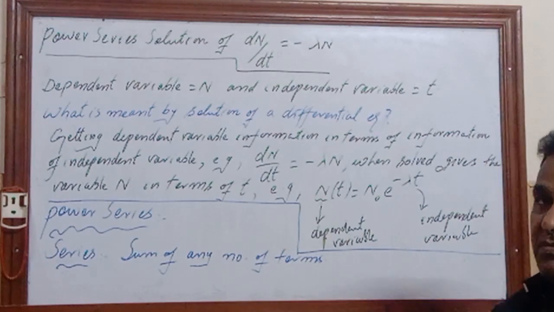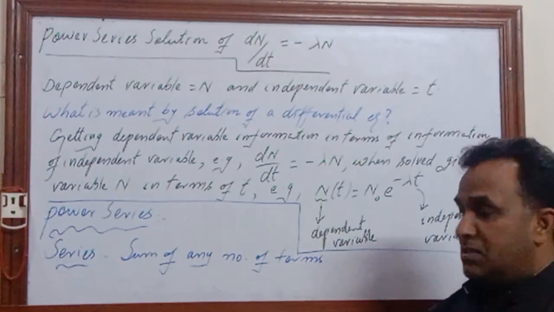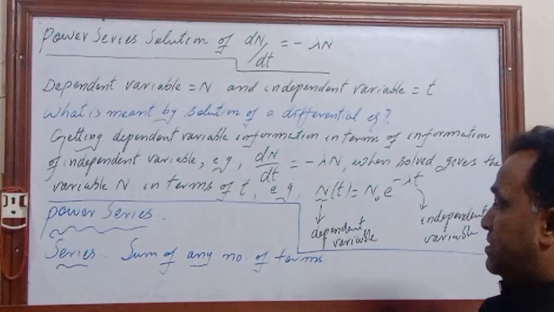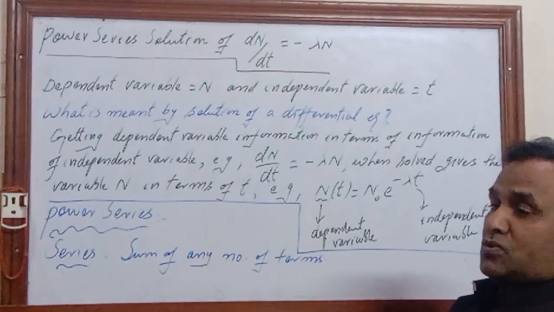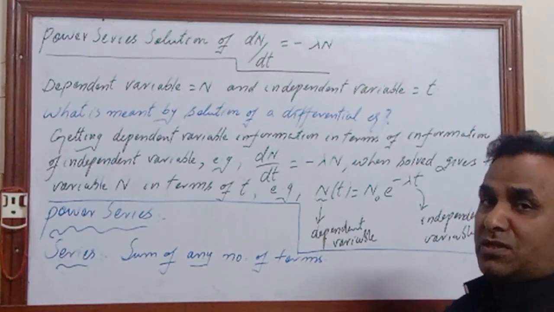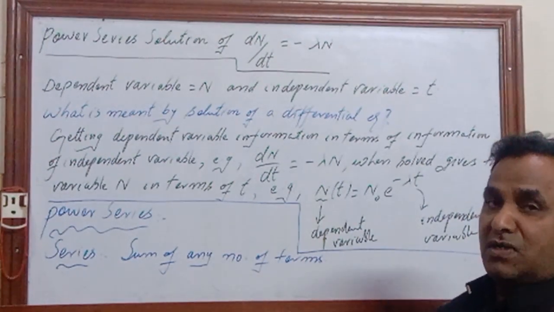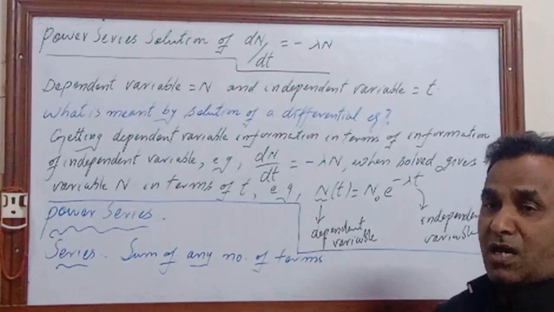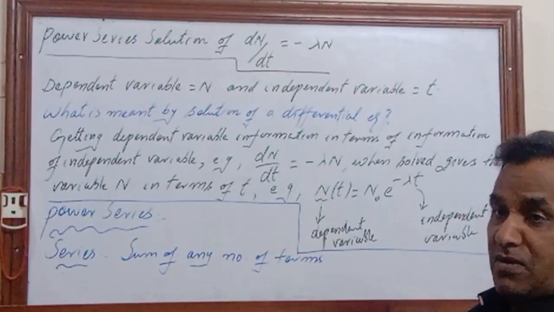And what do you mean by a power series? That means the sum of the terms which are in terms of certain powers of certain expressions. That is called a power series.